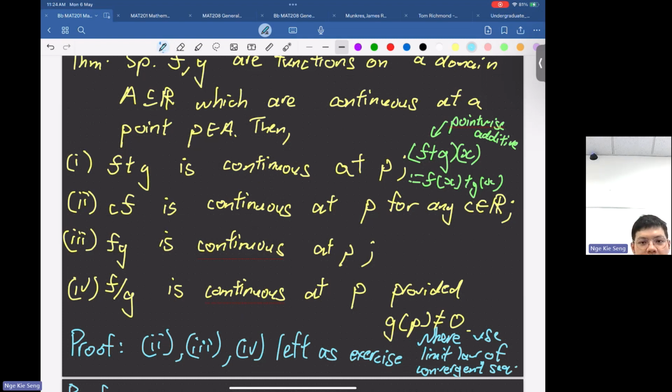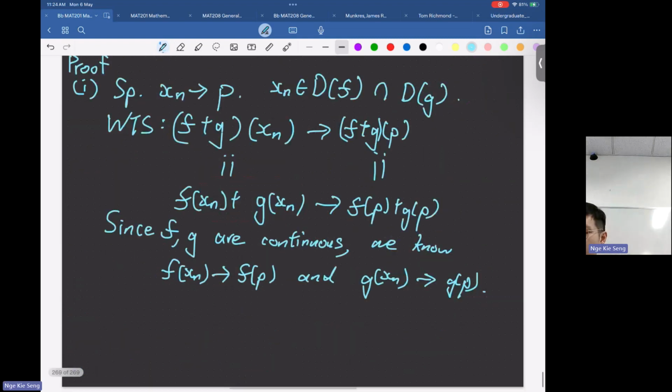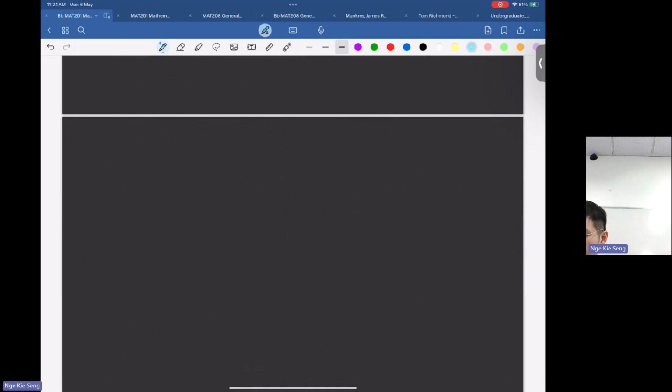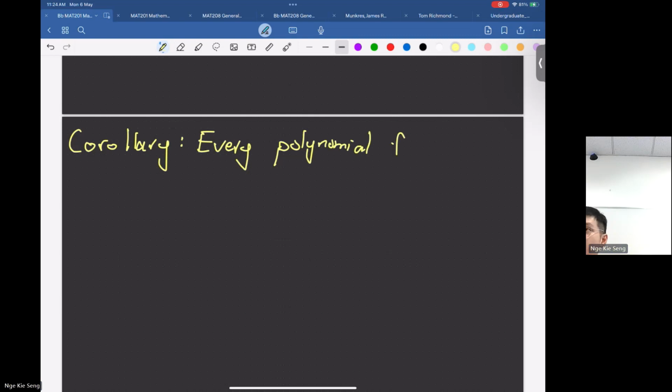You can prove it using the limit law of convergence. So you see, we can multiply, we can add, we can scalar multiply, we can do product, we can do quotient. So what does it mean here? We can build a corollary that every polynomial function is actually continuous.